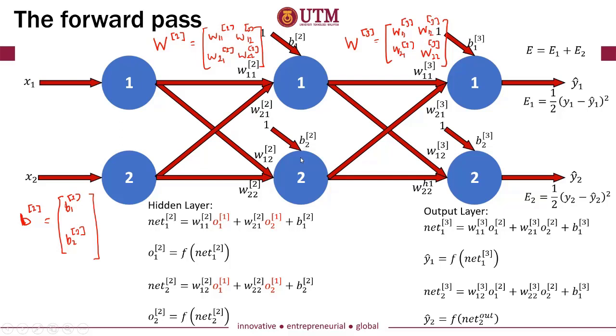That means if, let's say, you have more than 2 neurons at the hidden layer, 1, 2, 3 for example, with another neuron here, 3, then you will have 3 biases at this layer. Then you need to arrange B as B1, B2, and B3.